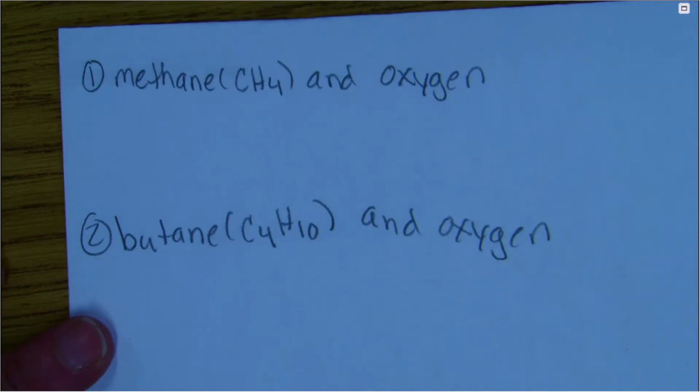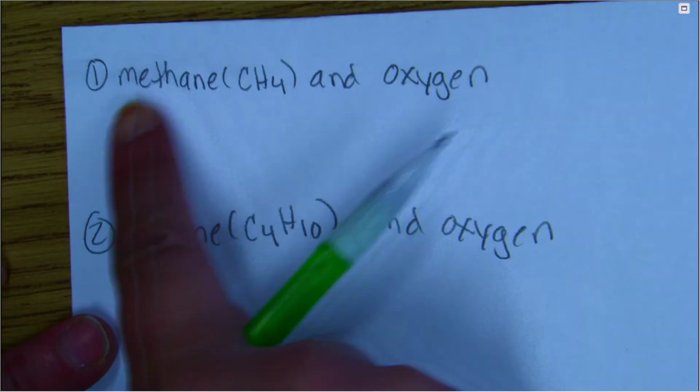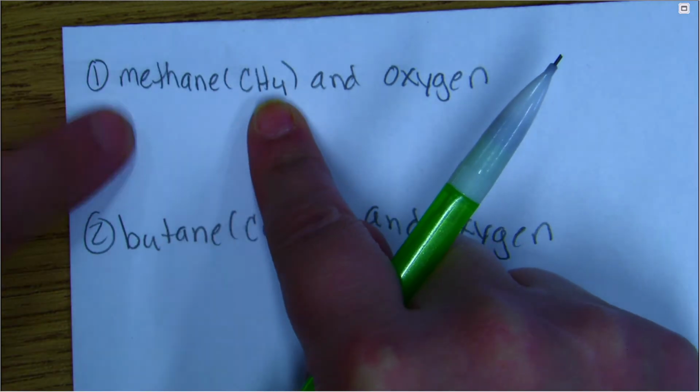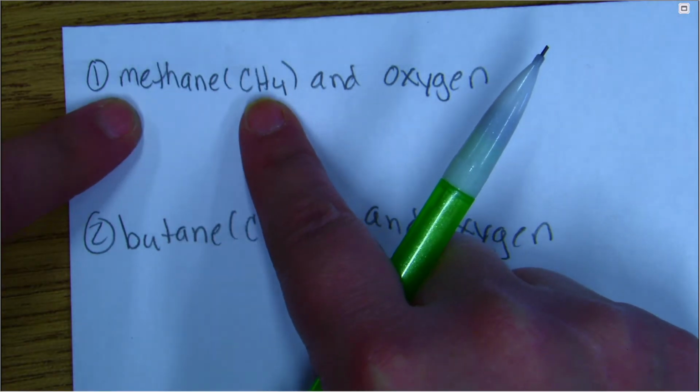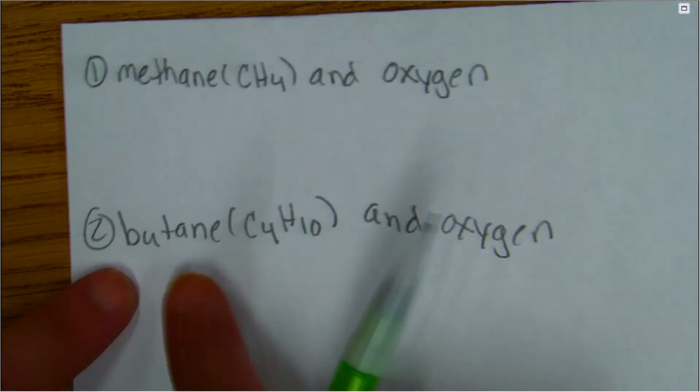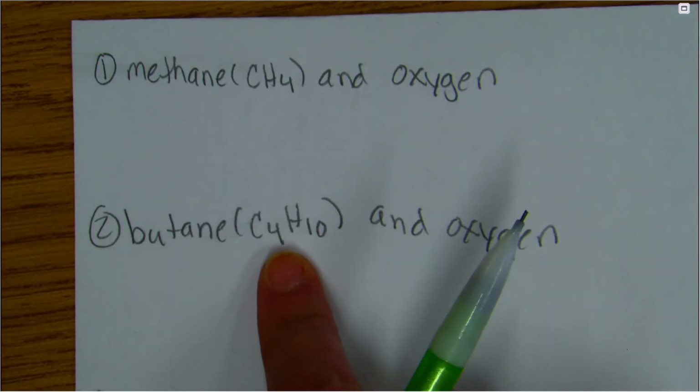in these examples, we have not learned how to get the formula from the name. For example, methane, CH4, this is going to be what we use for natural gas. All right, so if you have natural gas, it is methane. Butane is C4H10.